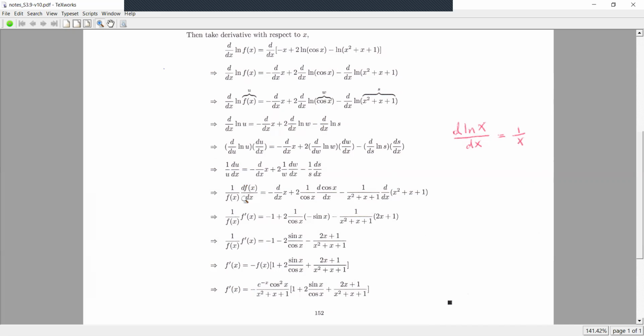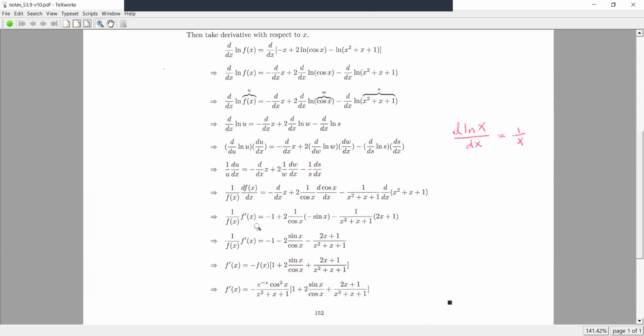Derivative of f with respect to x in other notation is f prime of x. Derivative of cosine of x with respect to x is negative sine of x. Derivative of x squared plus x plus 1 with respect to x is 2x plus 1.